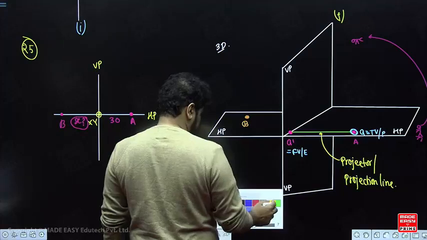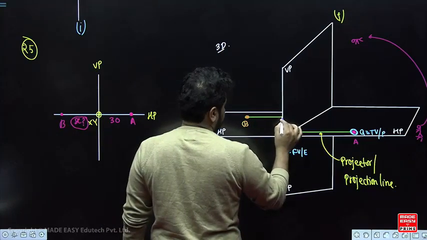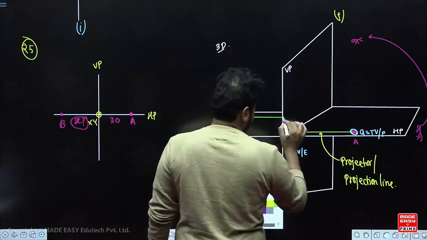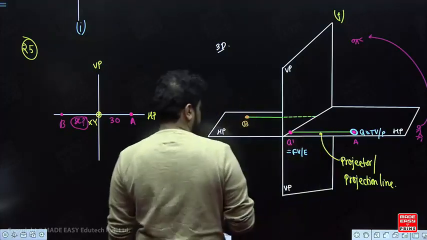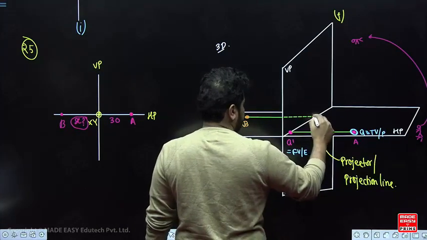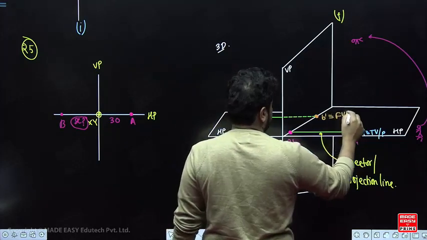So, if I draw the front view of this, correct. So, this is the place where I will see. Now, this point will become B dash, which will be your front view or elevation.